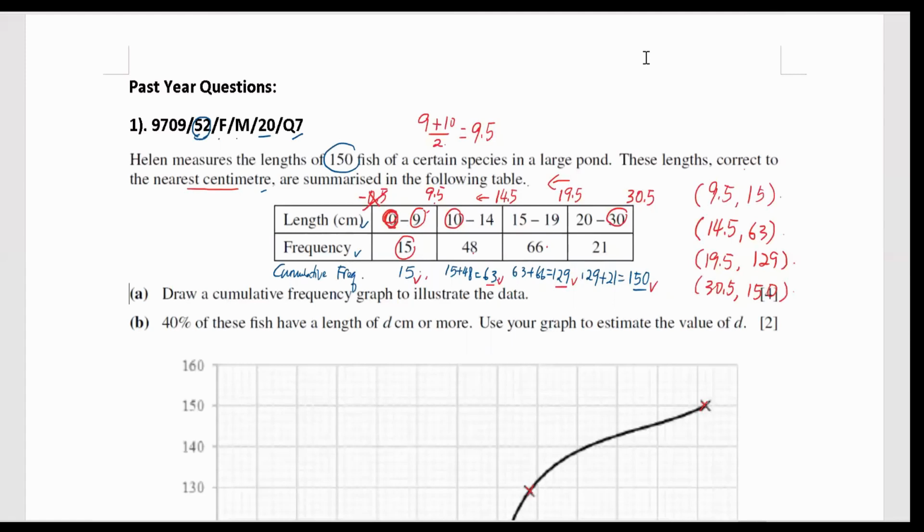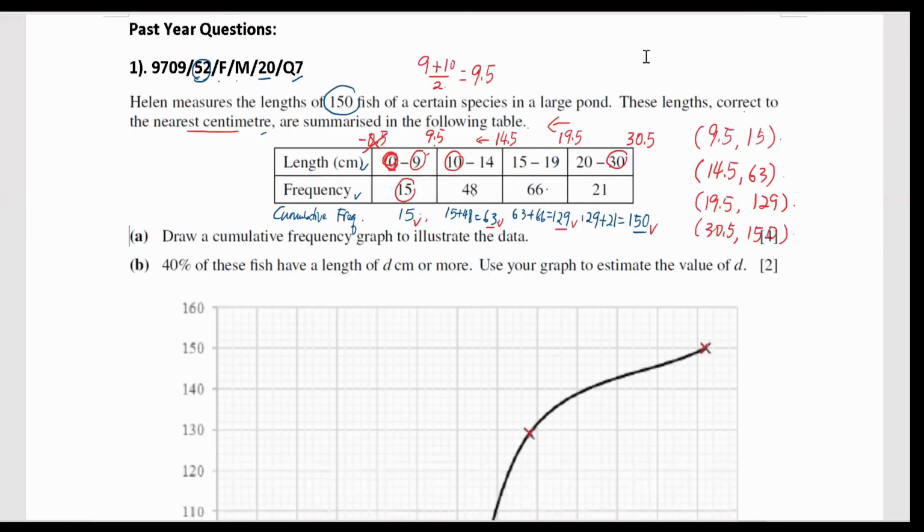Right? Okay, now we have a look at part B. 40% of these fish have a length of d cm or more. Use your graph to estimate the value of d. All right, so 40% of these fish.